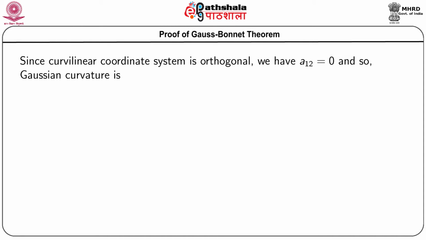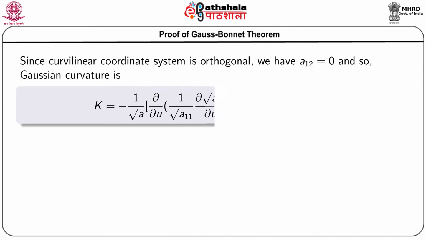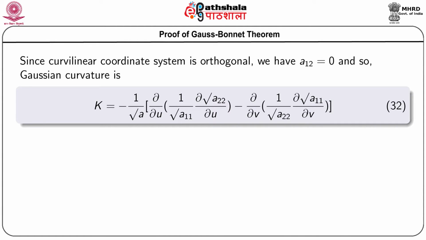Now, since the curvilinear coordinate system is orthogonal, we have A12 equals 0, and so the Gaussian curvature is k equals minus 1 by root a times this expression.